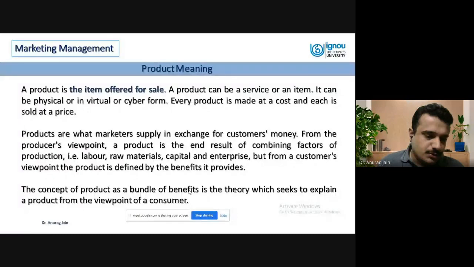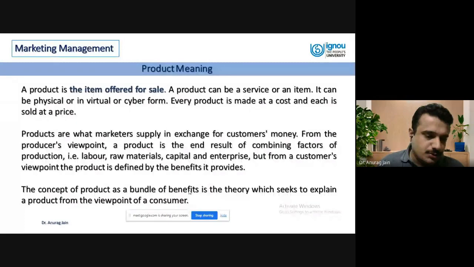There are many possible costs associated with the product, and definitely there is a certain price at which it is being offered, right? And there is an exchange which is also possible with the products. Customers are ready to pay money for the products which they are willing to buy.